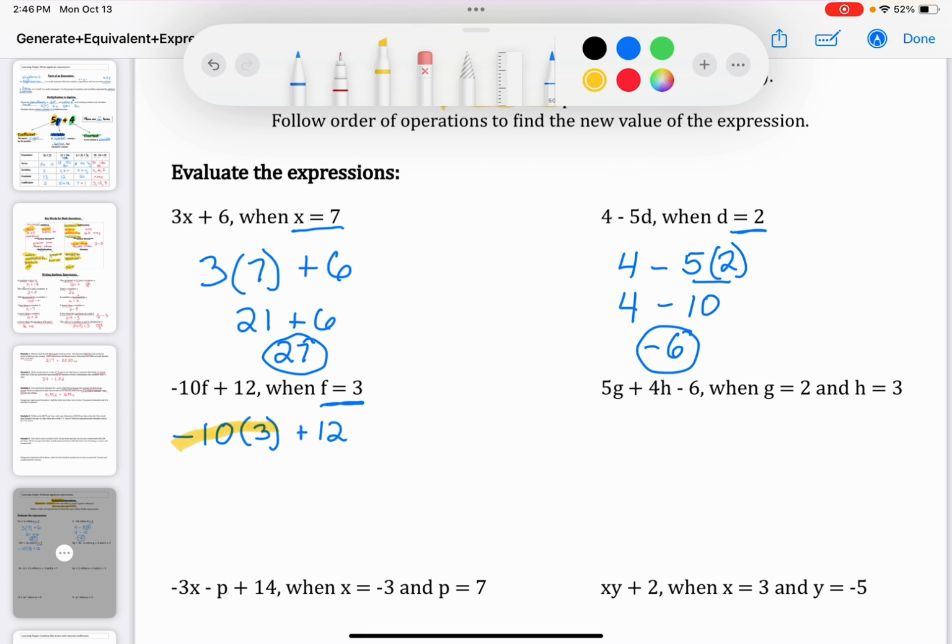So now order of operations, I'm going to do negative 10 times 3, which would be negative 30. And then negative 30 plus 12 would be 30 minus 12 is 18. So negative 18.